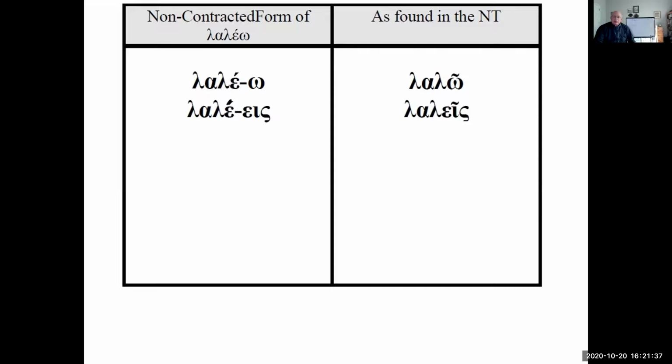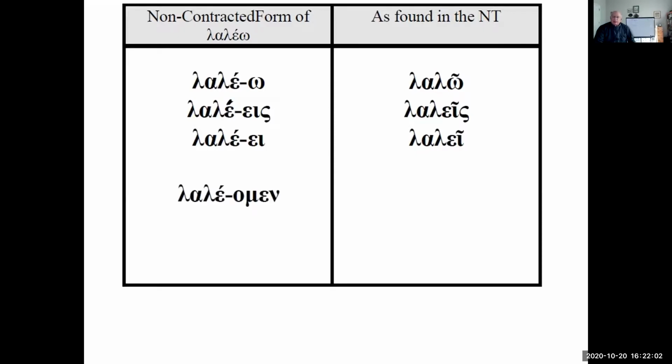The marriage is shown by the circumflex accent, that there's a contraction taking place. The same is true in the third person singular. All that's left of the epsilon at the end of the stem of laleo is that it's contracted to become lalei with a circumflex accent.